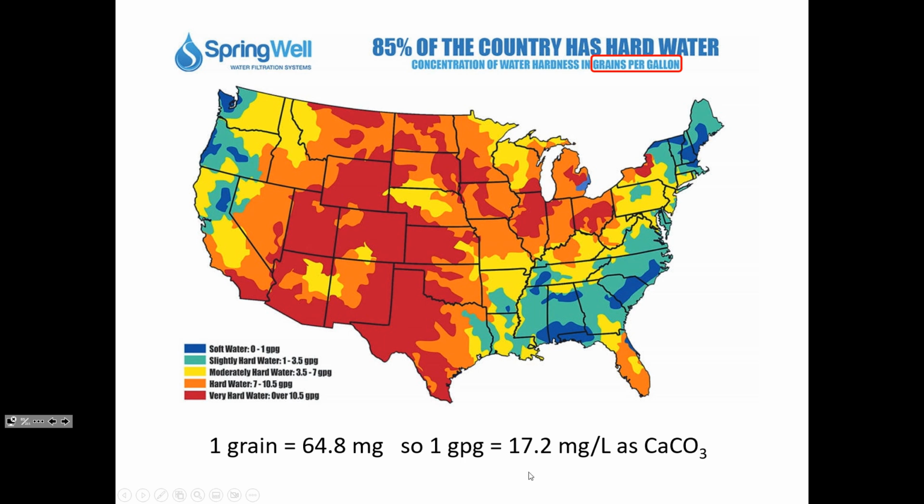If we look here in the tri-state area, we're in the hard water but not the very hard water range. Where they've got very hard water would be up in Columbus; central Ohio has very hard water. But luckily they have a lot of surface water that isn't often as hard as the groundwater.